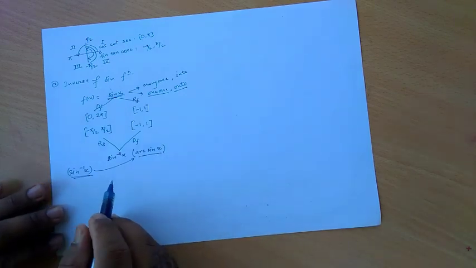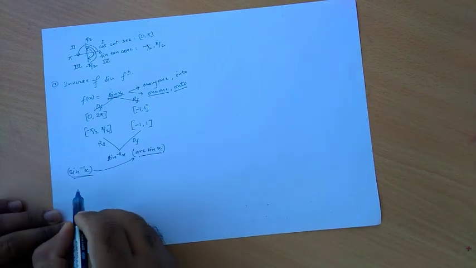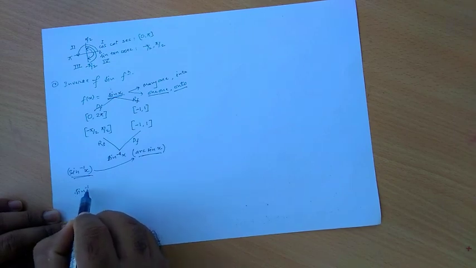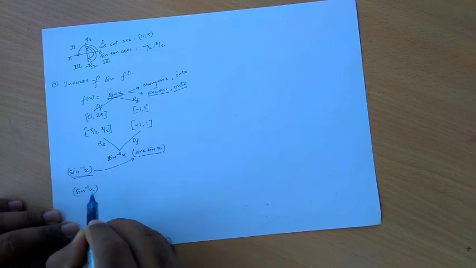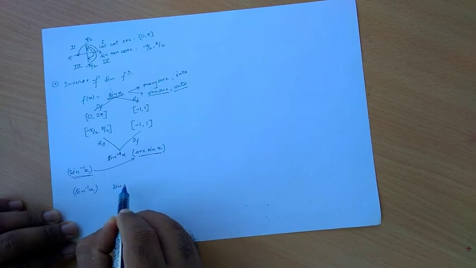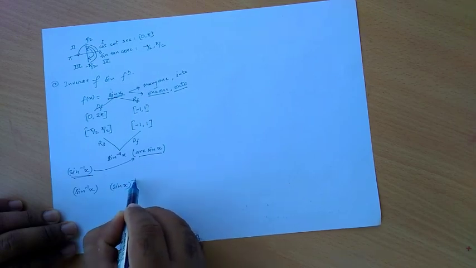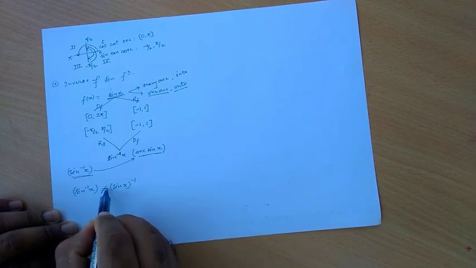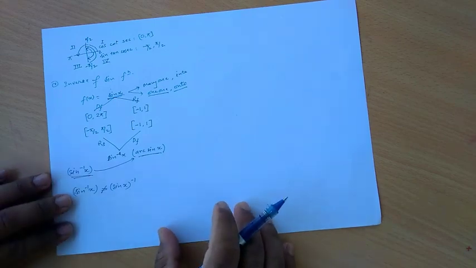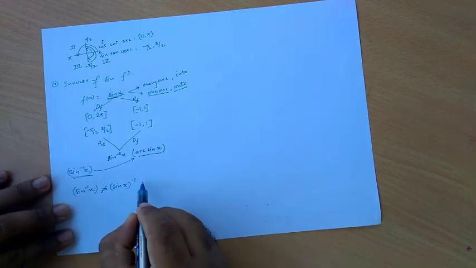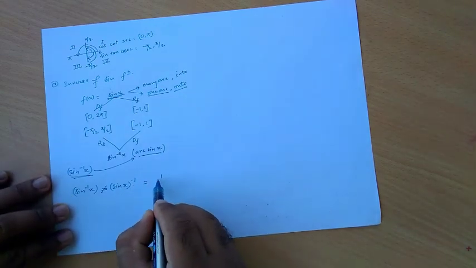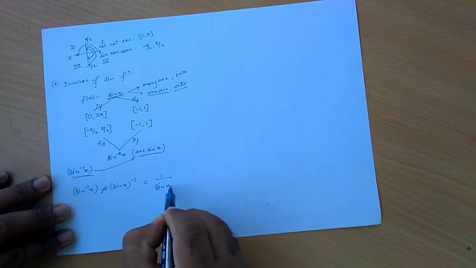And one more thing, one should not misunderstand that sine inverse x and sine x to the power minus 1 are equal. These two things are not equal. Sine x to the power minus 1 is nothing but 1 by sine x.